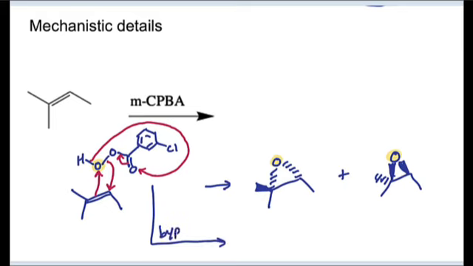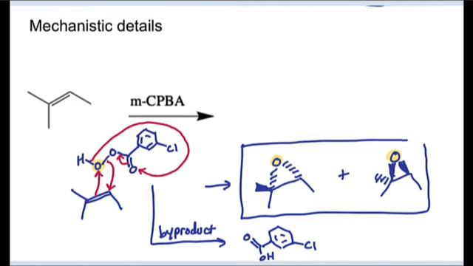And the byproduct, then you don't have to predict. But if you followed the curved arrows, it makes sense that your byproduct here is a carboxylic acid.